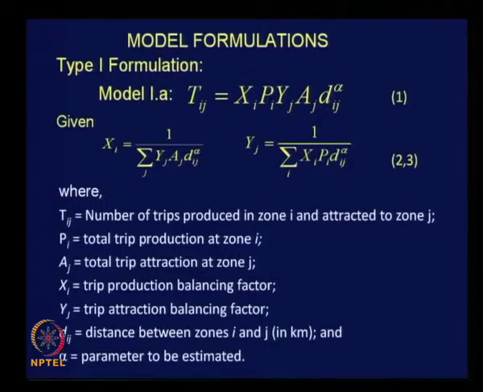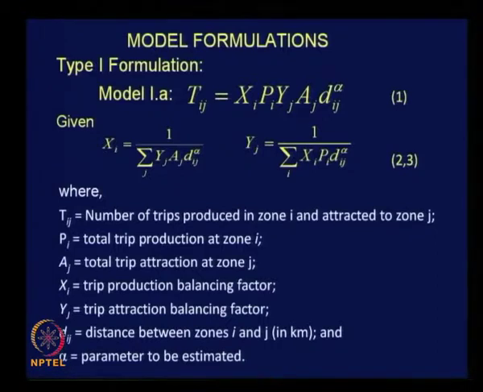When we write Tij, we are talking about base year Tij or horizon year Tij. Base year Tij if we are calibrating the model. For the purpose of calibration, we will substitute base year data as Tij.